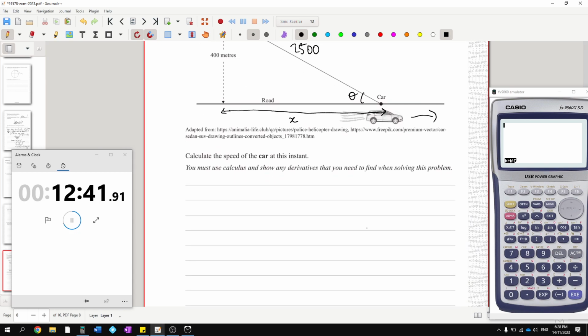We know that's, how do we do this? Tan theta equals 400 over x. So x is 400 cot theta. So the rate at which x is changing is simply, how does this work again?